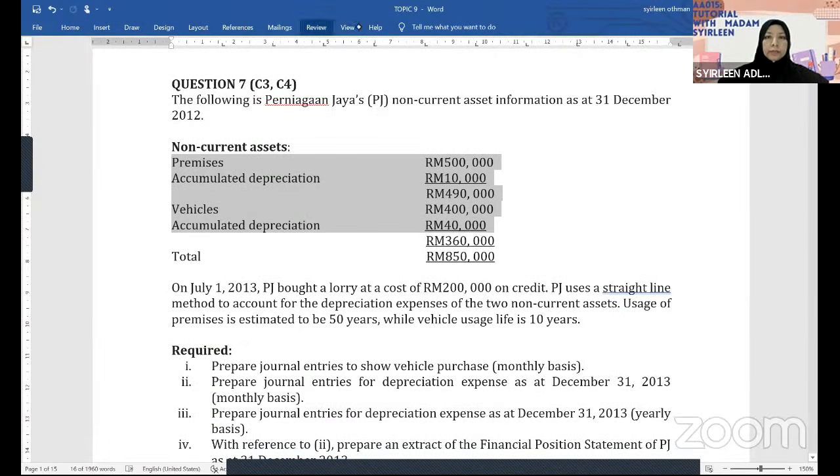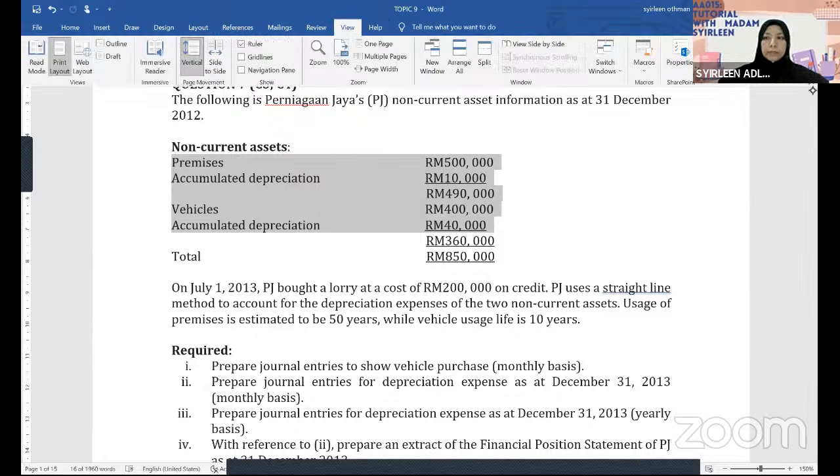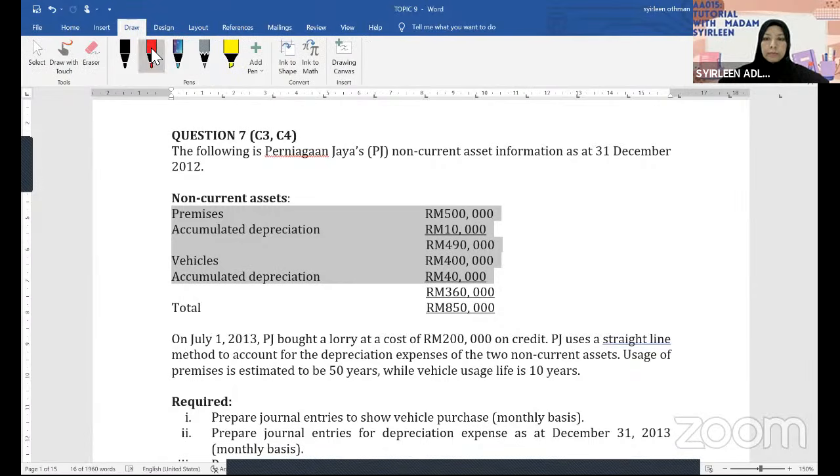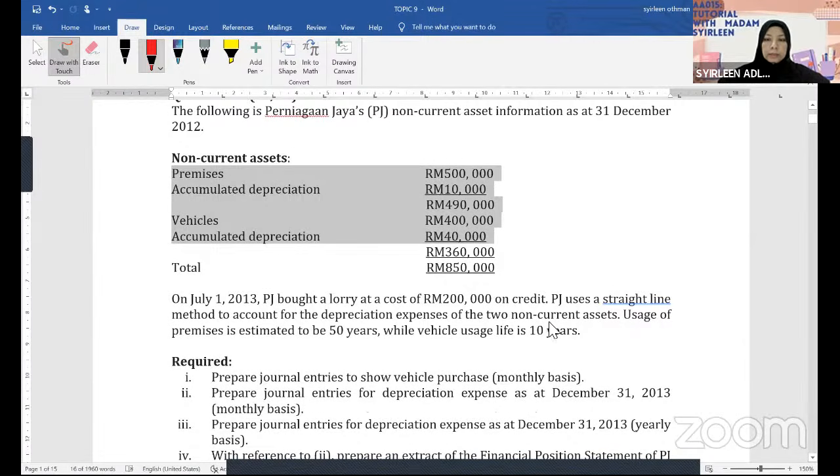So dia guna straight line method untuk depreciation expense. Okay. So sekarang kalau awak tengok dekat sini, okay. The usage of the premises is estimated to be 50 years. So this is the useful life for the premise. Okay. And this is the useful life for the vehicles. Okay. So we have 50 years and also 10 years.